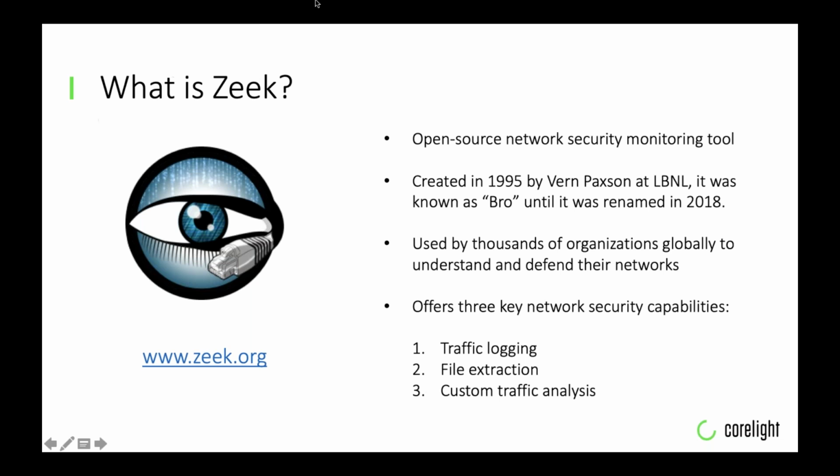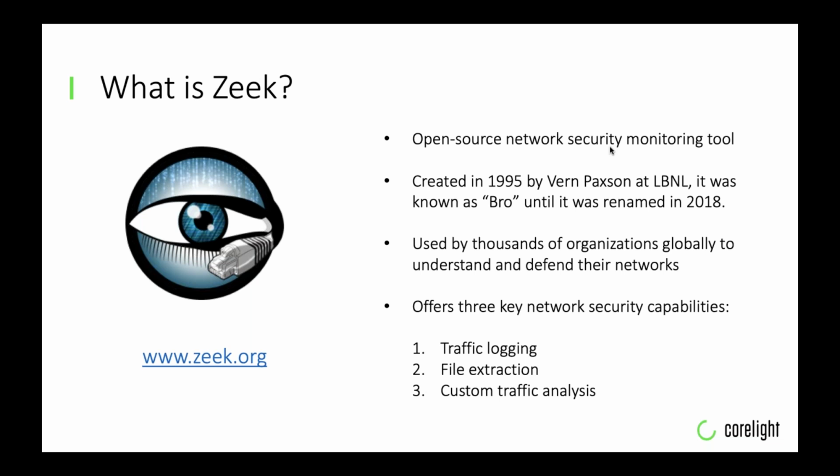The three things that I want to go over are the three things that Bro is mainly used for. The first is traffic logging. So it is used to do protocol analysis, and by extension creates a wide variety of logs. Also, there is a key feature inside Zeek, which is file extraction.